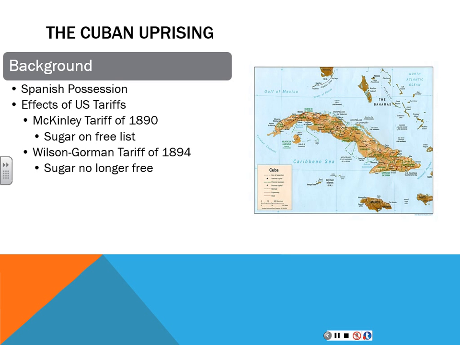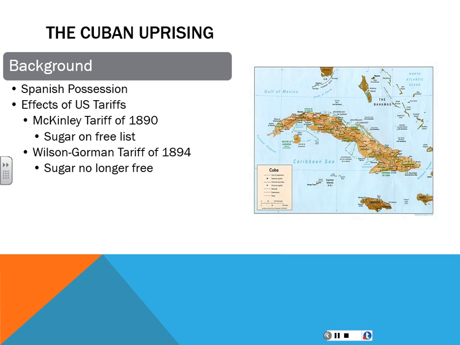You're going to shift to sugar. Okay? Lexus, you follow? Good. All right. So now what happens? You have 4 good years. And then the United States changes with the Wilson-Gorman tariff of 1894, and sugar is no longer free.